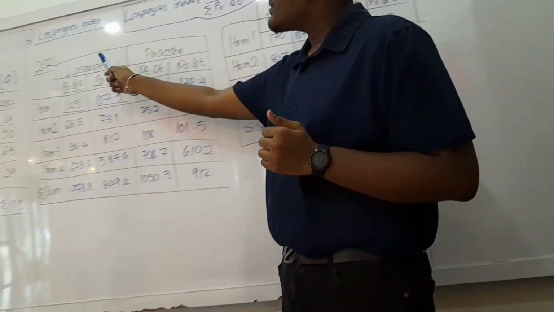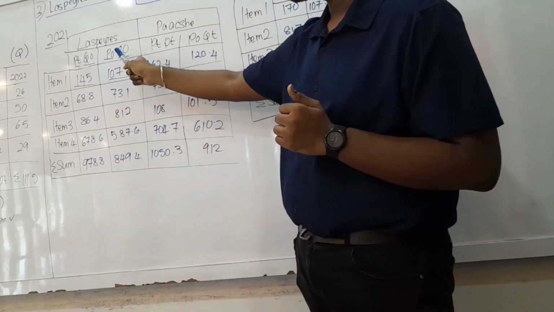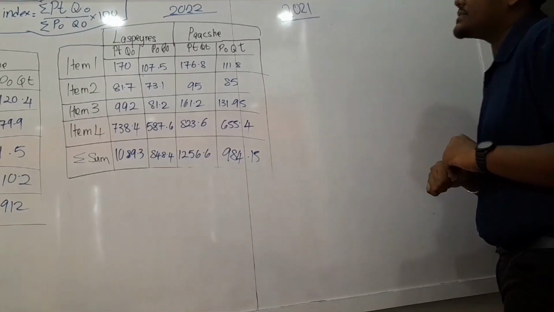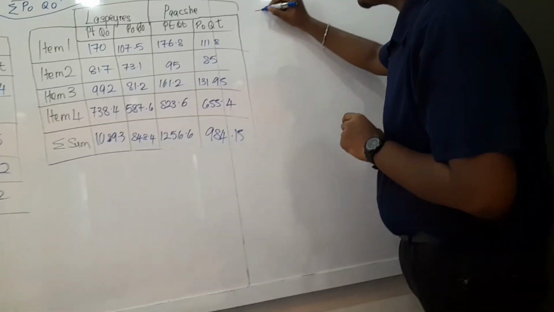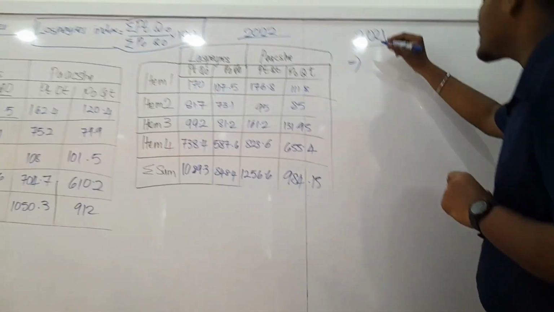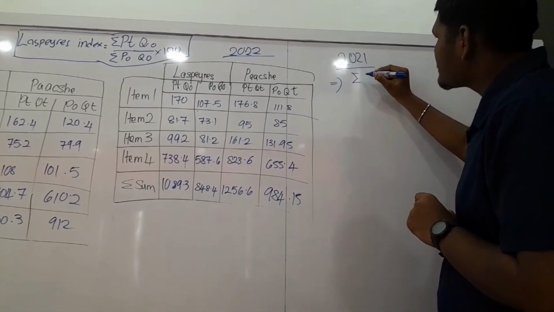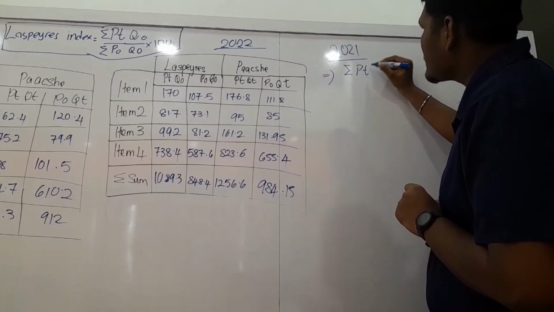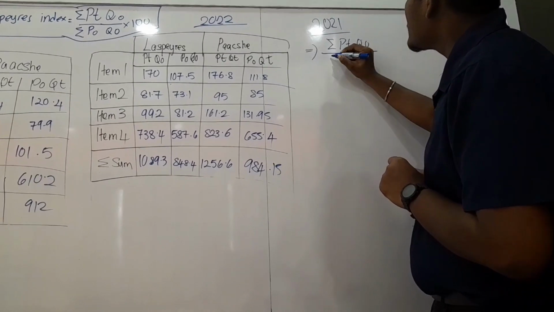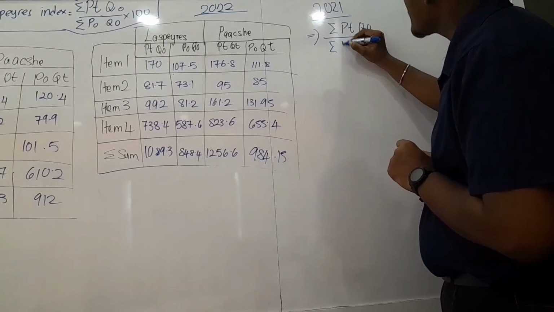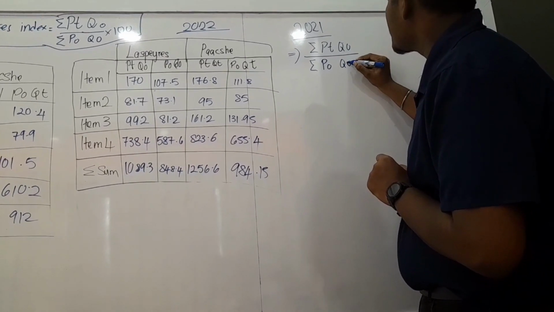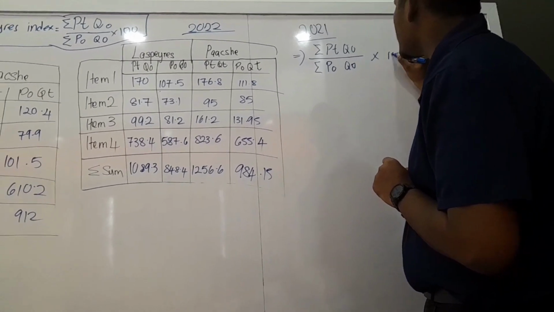So we have the sum of PTQO and the sum of POQO. Now let's do the calculation. First, you have to roll back the formula: sum of PTQO over sum of POQO times 100.